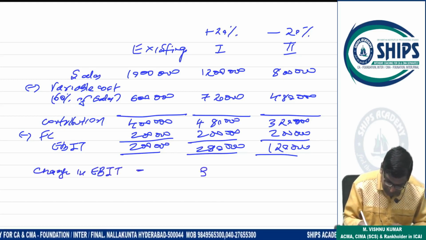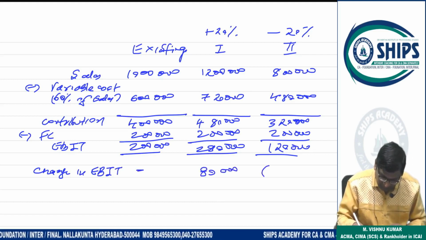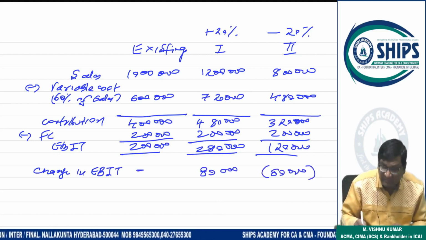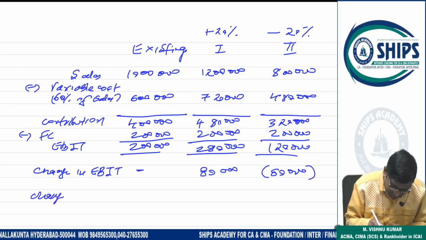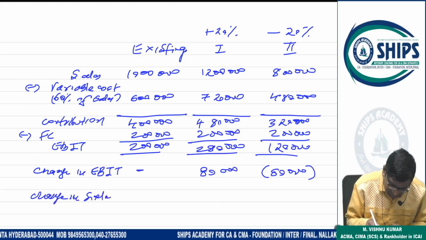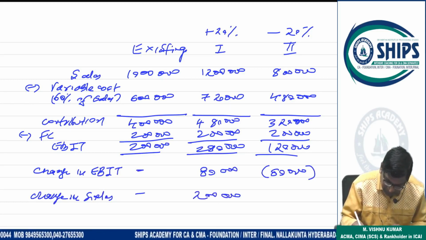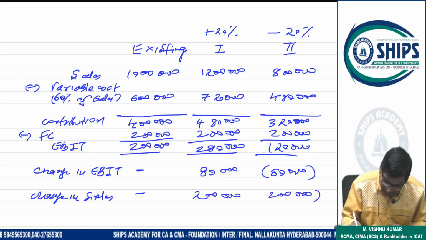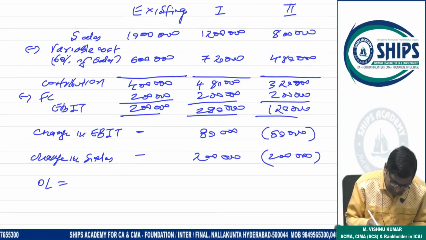So this minus this, minus 80,000. Okay. Next, change in sale. 10 lakh, 12 lakh. How much change? Here minus 2 lakhs.